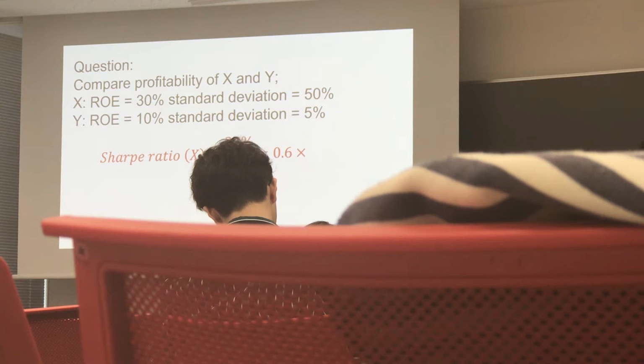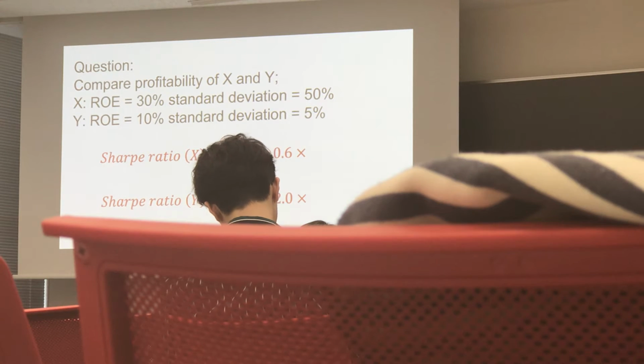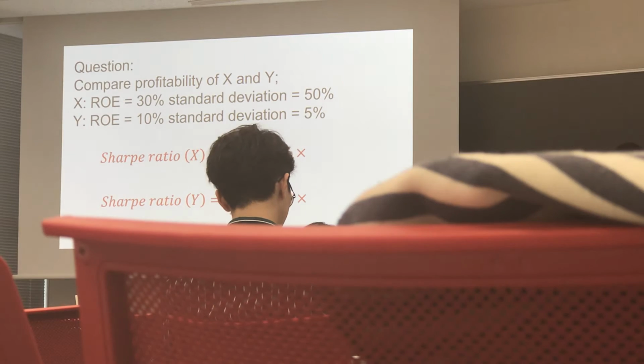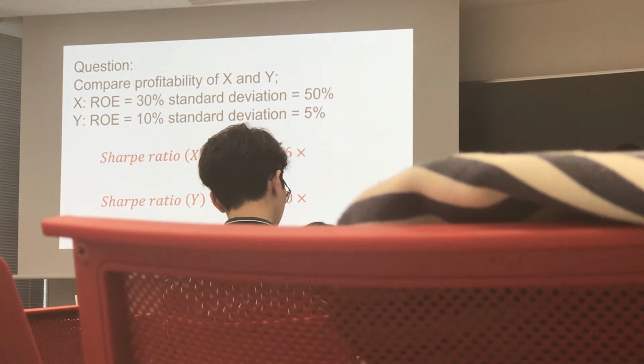And the Sharpe ratio for Y is 10% divided by 5%, which makes 2.